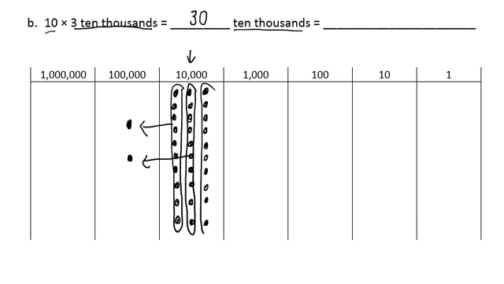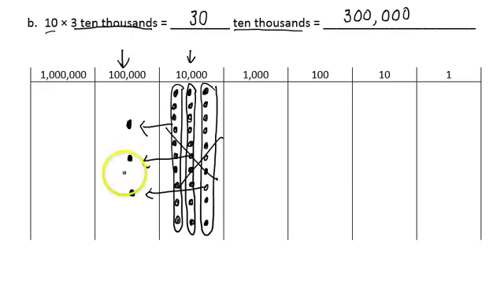And my last group of 10 groups of 10,000 is also 100,000. That means when I multiply 10 times 3 10,000s, I get a total of 300,000. I have 3 discs and they're all in the 100,000s place, so that equals 300,000.